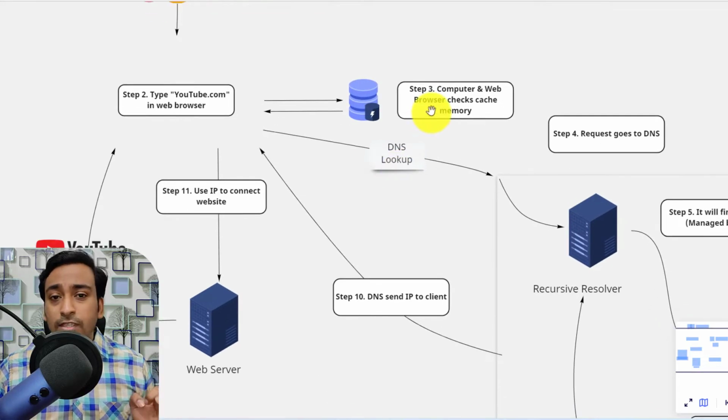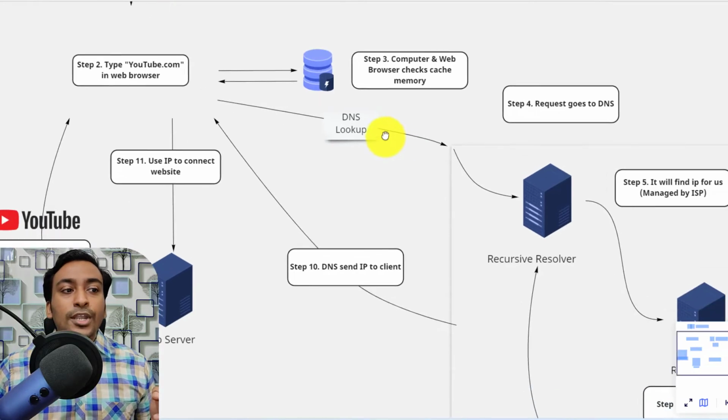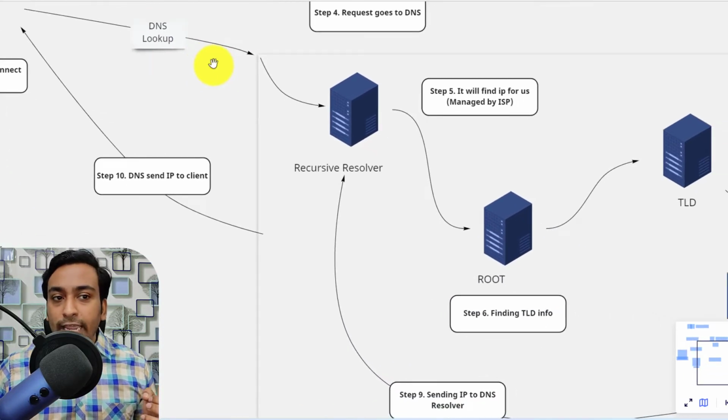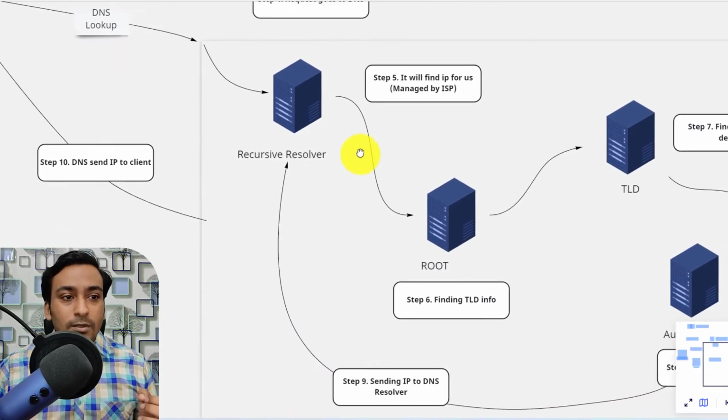But in case it wasn't able to find the address, a process will be triggered called DNS lookup, where the reason for DNS lookup is simply to find the IP address for the domain name we are requesting. So it goes into the domain name system or DNS.